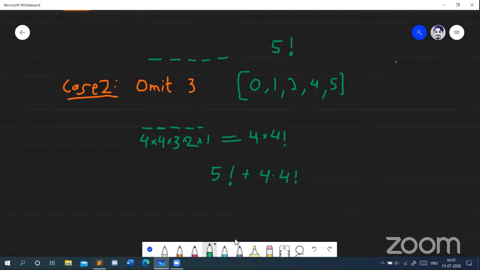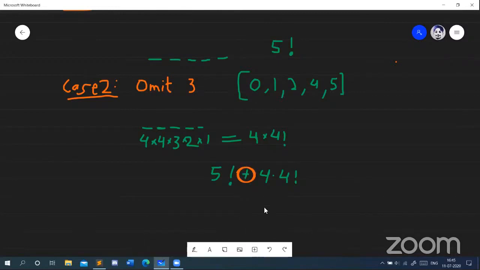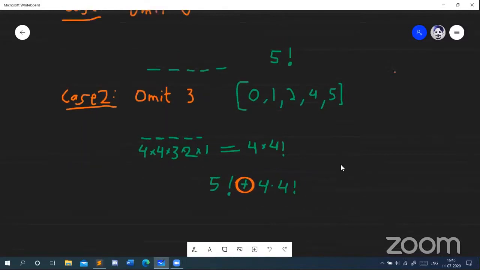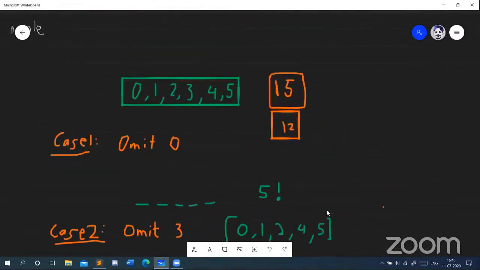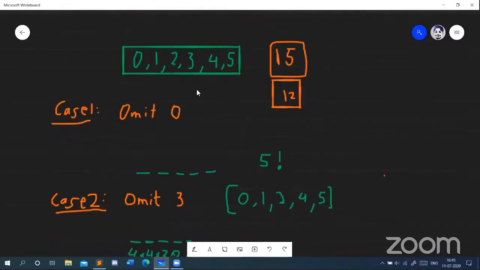But I really want you to question why I use this plus here. Why is there a plus? Why not a multiplication operator here? And really, if you think about it, if I make numbers which have 0, and if I make numbers which do not have 0, then these two events are mutually exclusive.